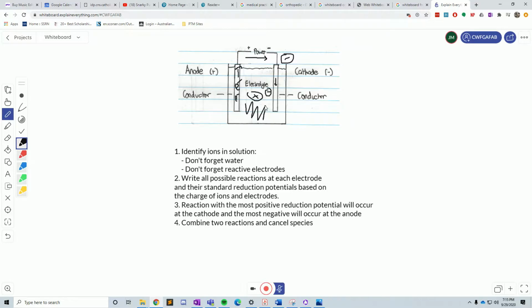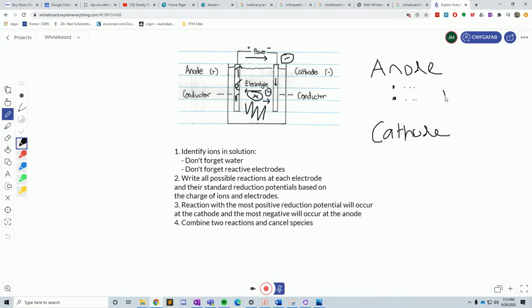And so obviously the positive ions are going to go to the cathode, which is negative, and the negative ions are going to go to the anode, which is positive. And so I like to create two areas. I say anode, and then I list everything that can happen at the anode, and then the cathode.